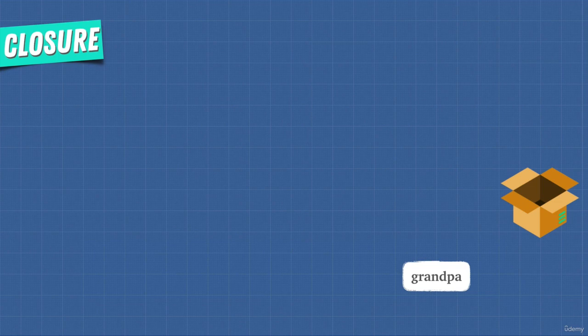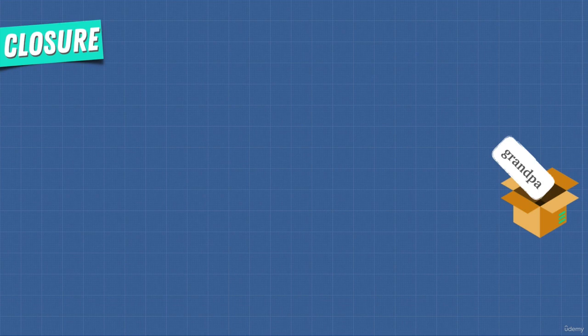That's because grandpa goes up into this box of closure. This box is technically where the memory heap is, a bunch of memory. As soon as we don't need things anymore, we need to remove them. However, when the garbage collector comes, it sees grandpa and says, there's a closure here. It's in this special closure box, and I can't clean it up because something is referencing grandpa from inside of it.